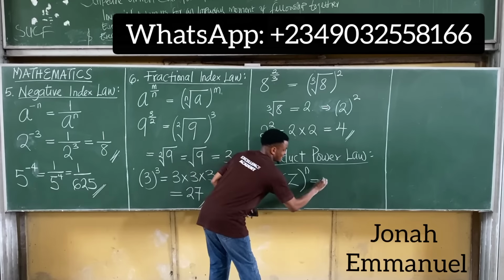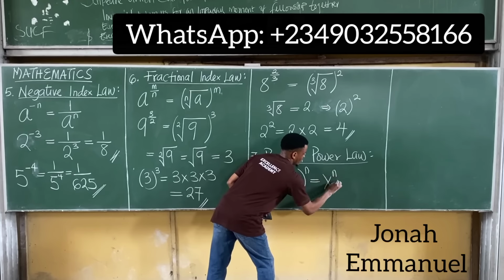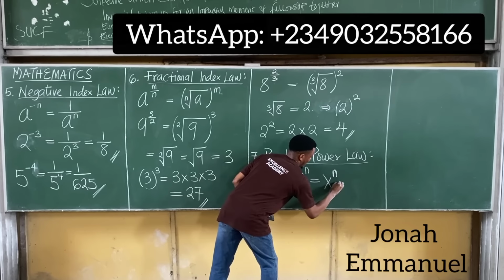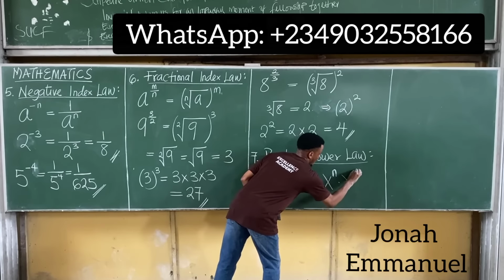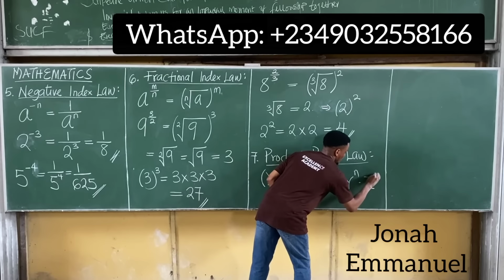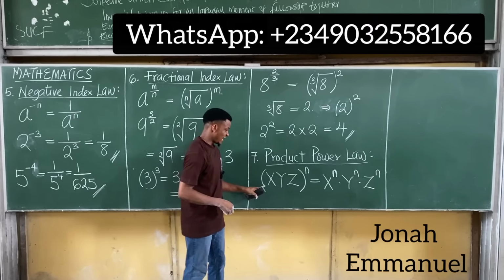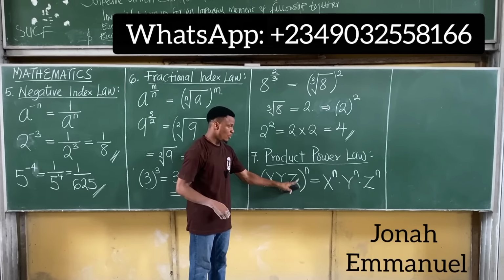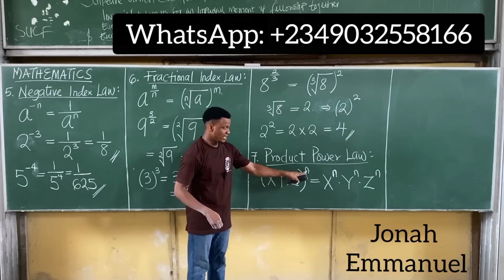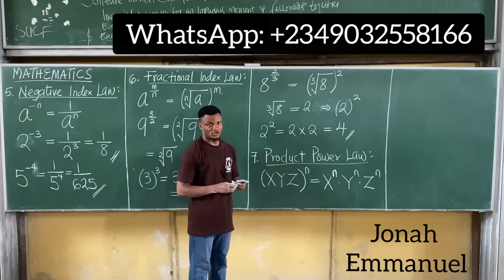We take this, that becomes x to power n times y to power n times z to power n. This is called the product power law. If I have different terms multiplying themselves, all raised to a certain number, it will be equal to each of the terms raised to that number.